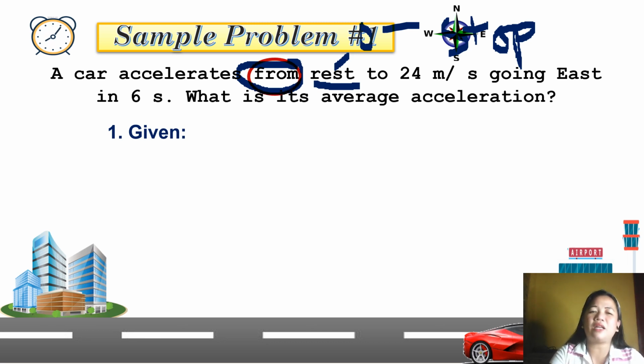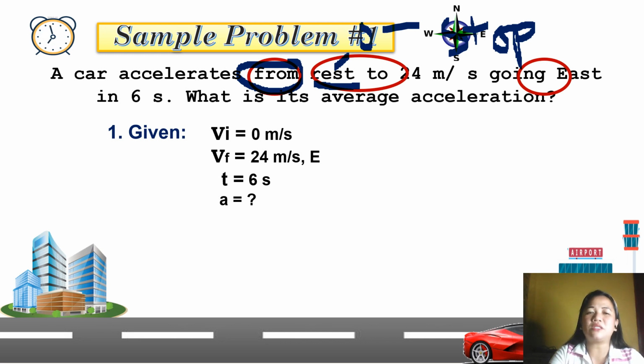So since siya ay nauna from rest, okay? So since ang term is from rest, ibig sabihin, our initial velocity is 0 meter per second. Ma'am, bakit 0? Because nga, the term na ginamit natin dito is rest. Ibig sabihin, the object is not moving or naka-stop. And our final velocity is 24 meter per second.